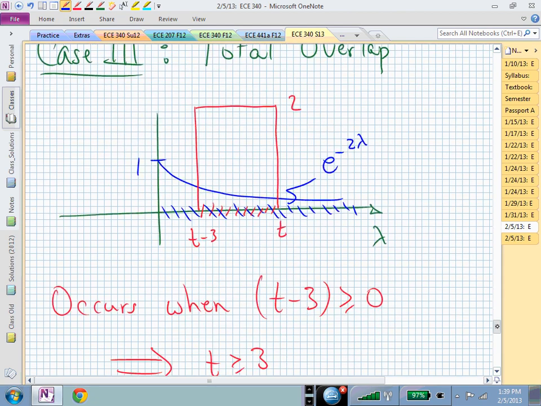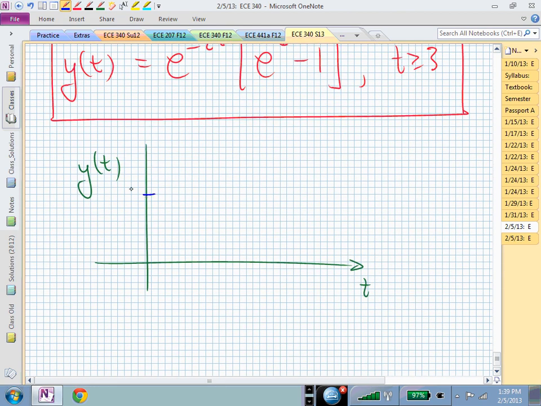So now we can say that we are going to go to 1, and we transition around this 3. But at 3, we are actually at 1 minus e to the minus 6. Basically, we're at 1. So this is now going to do something like this. And what's the tail look like? Where can I stop sketching?